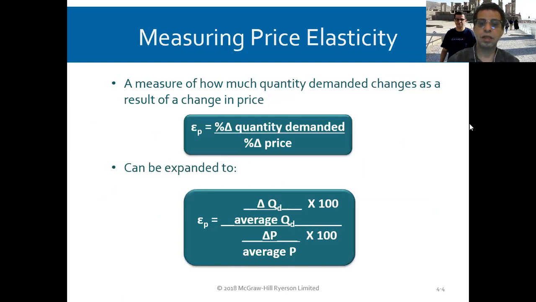Elasticity basically is a measure of how much quantity demanded changes as a result of the price changes. You do that in real life. Basically, when you see something at $5, say, well, give me two. But then he says, well, I'll sell you three, I'll sell it at $3.